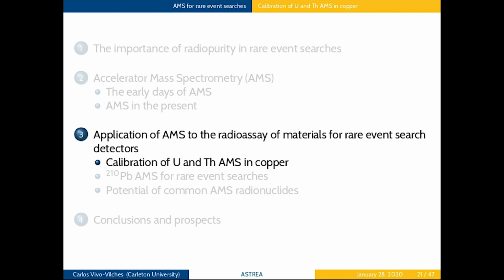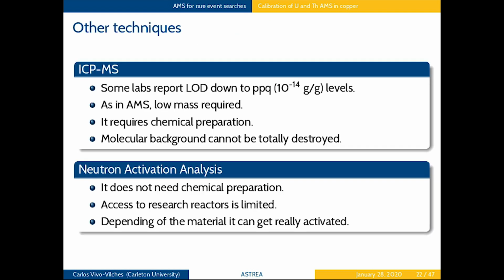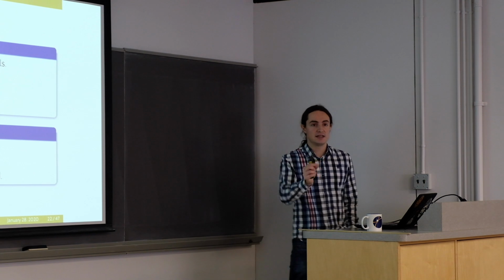So in the case of uranium and thorium, the technique most used for this in rare event searches experiments is ICP-MS. ICP-MS is also a mass spectrometry technique, which also uses a low mass of sample like AMS. But in comparison to what we want to do, we have this chemical preparation that we know for uranium and thorium is always giving a little contamination.